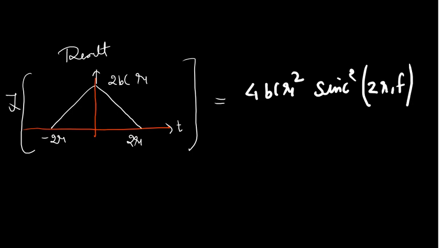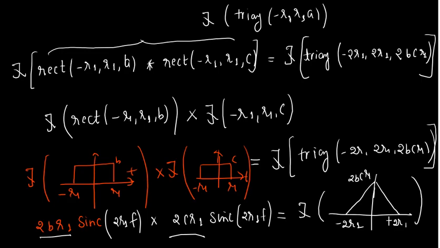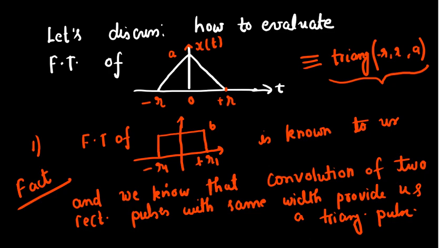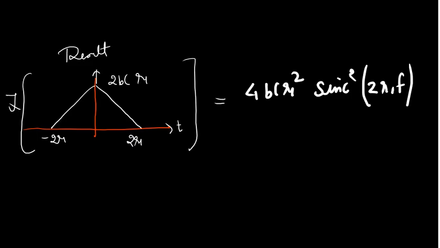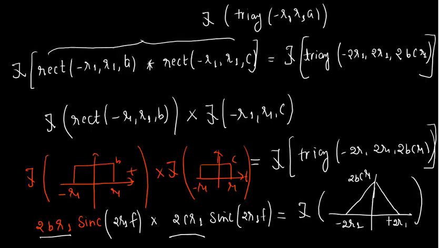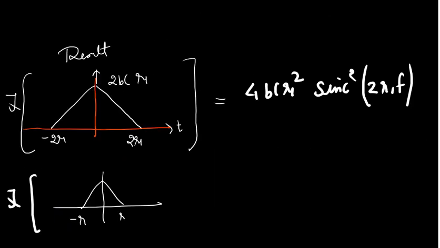And our objective was what? We wanted to derive the Fourier transform of this triangular pulse, so we have to set these parameters accordingly.